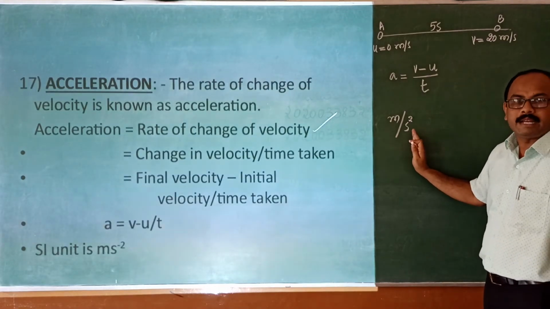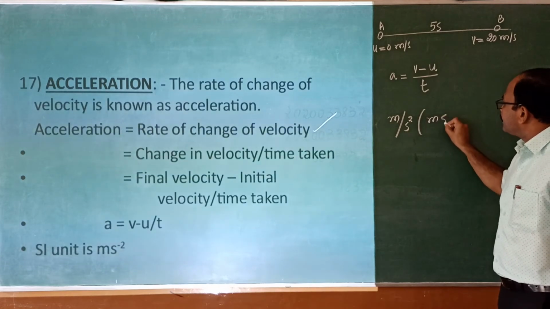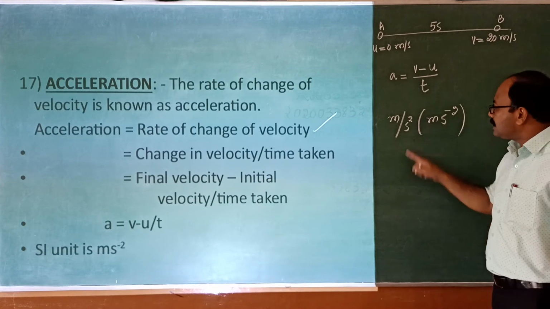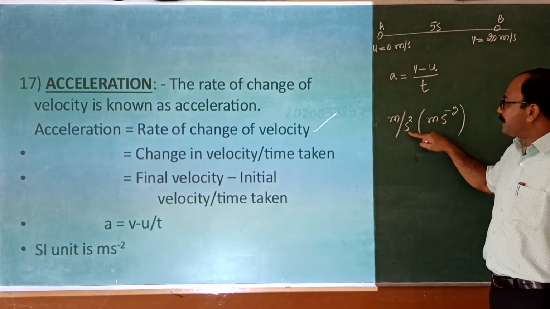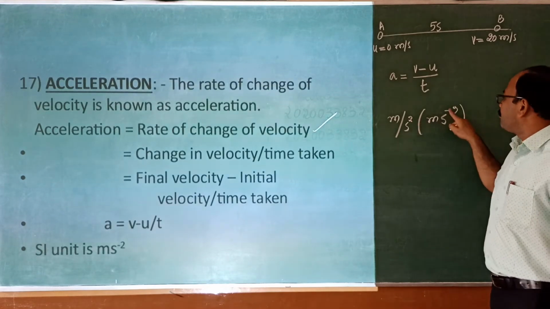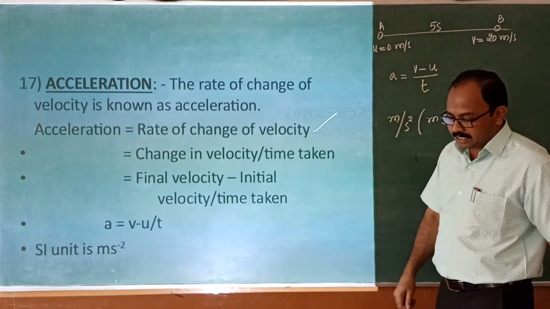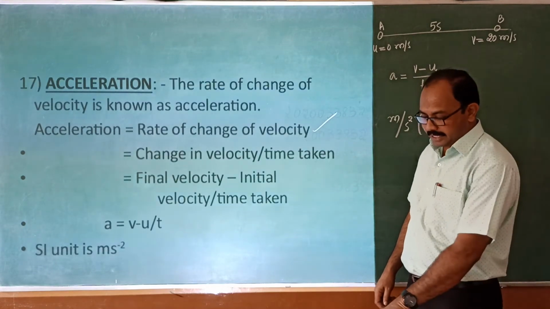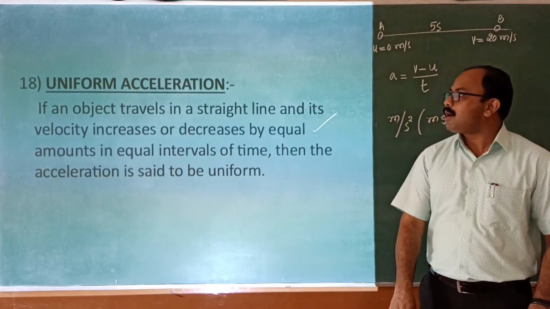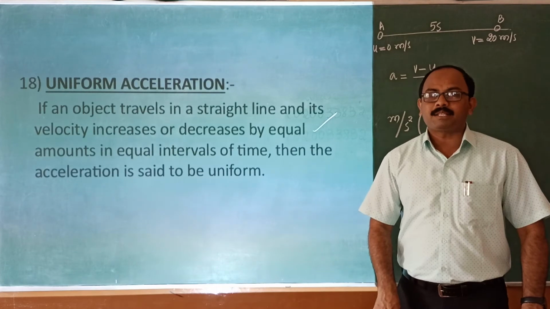Either you can write it in this way or meter second to the power minus 2, children, because it is in the denominator. When it comes to the numerator, the sign of the power changes to minus. It was plus, it became minus. SI unit is meter per second square. Now let's discuss uniform acceleration with a diagrammatic representation.